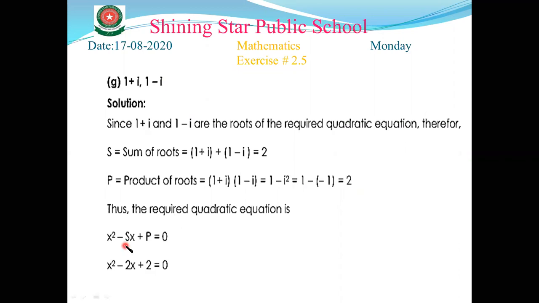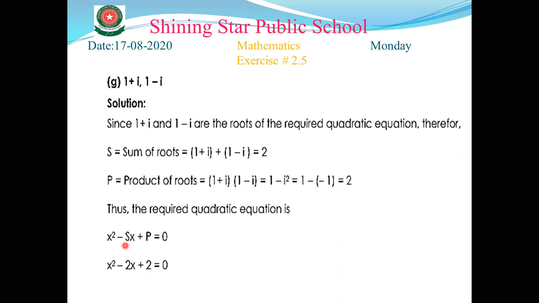When we put the values of s and p, s means 2, because 2 is the value of s, and p is 2. So, your required answer is x square minus 2x plus 2.